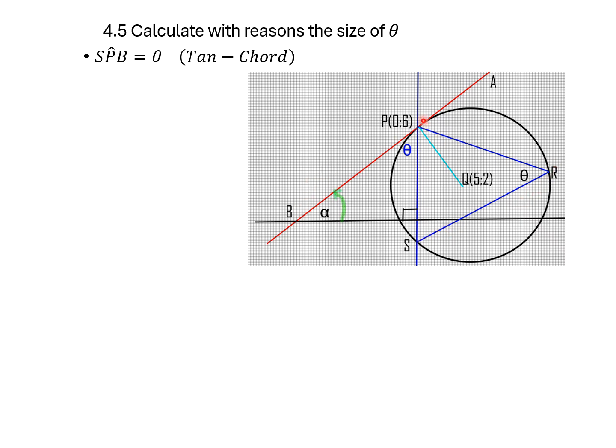And then BPA is a tangent. So therefore, angle tan chord, this angle here must equal that angle there according to the tan chord theorem. Right? So if that's theta, that there is theta. So therefore, I can say SPB equal theta, tan chord.